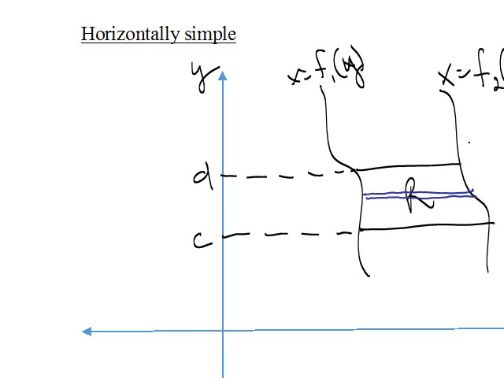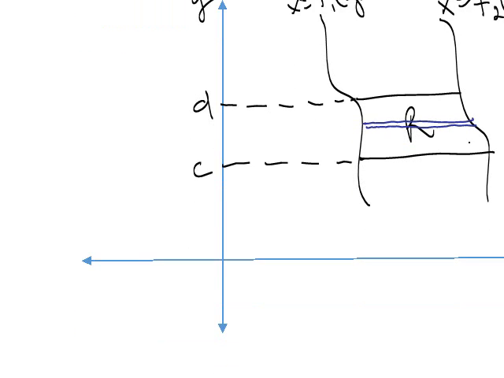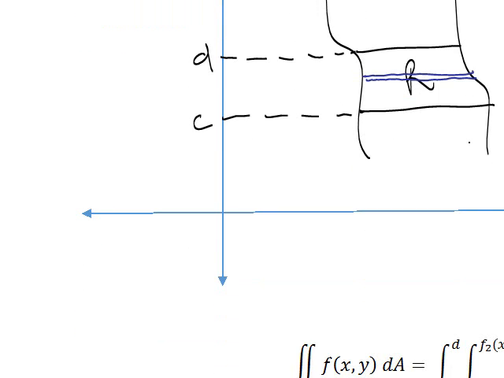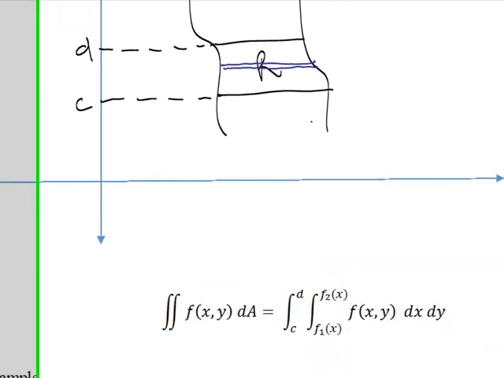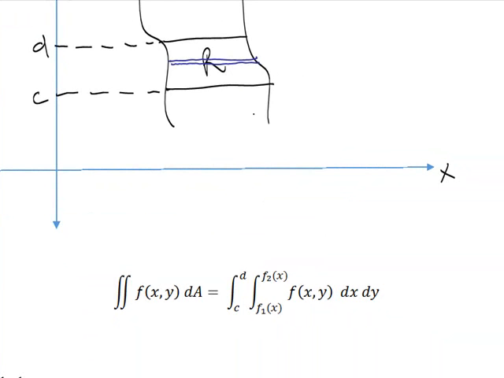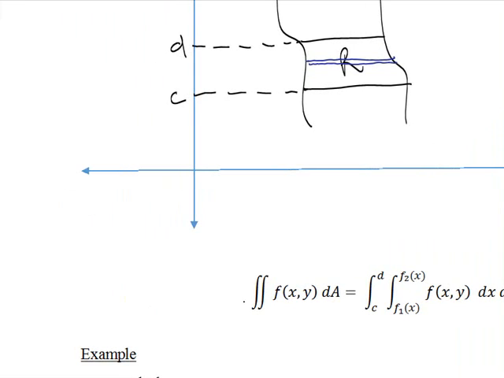So let us look at the integral. If we have this region and we are finding the double integral of this function which lies over it, f of x y dA, with R at the bottom, this is equal to the integral from c to d, the integral from f1(y) to f2(y) of the function dx dy.